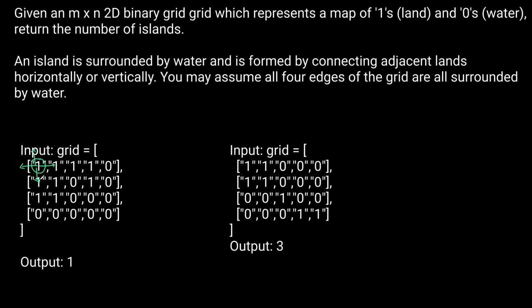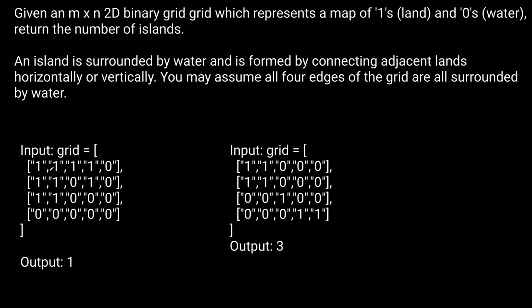And we'll do that for every single one we see in the depth first search. So for example, we'd start at this one, and then we'd go to this one, and then we'd find this one, and then from here we'd go here, and essentially we'd find the entirety of our island. And we need to also make sure that we don't get caught in an infinite cycle.